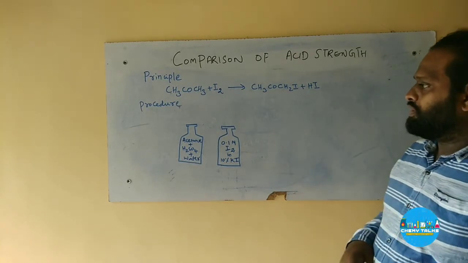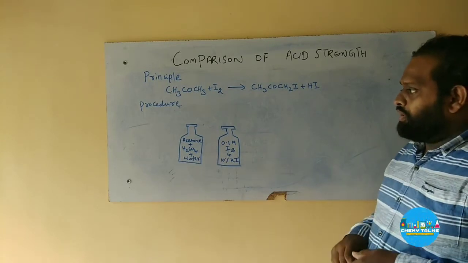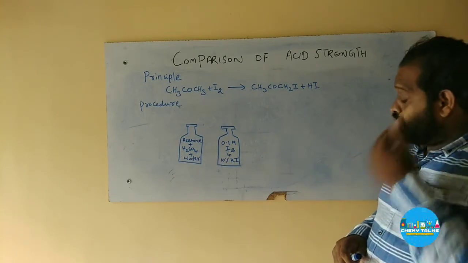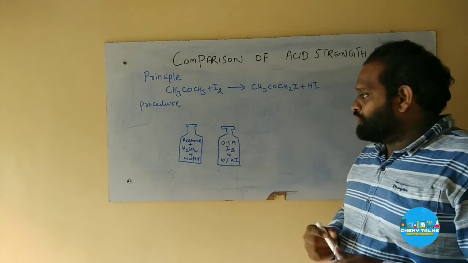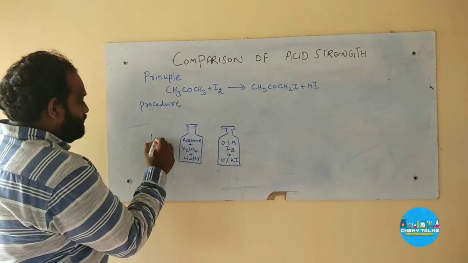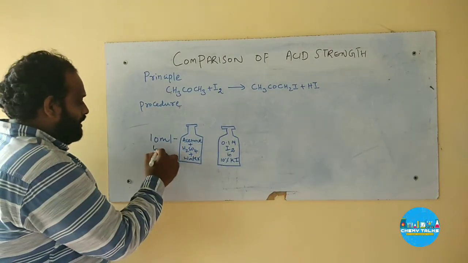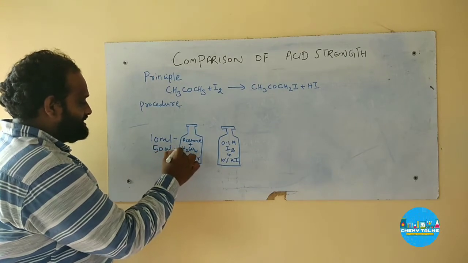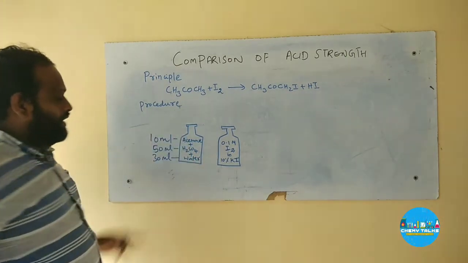Procedure of this experiment. It requires 2 bottles. One bottle contains about 10 ml of acetone, 50 ml of sulfuric acid and 30 ml of distilled water.